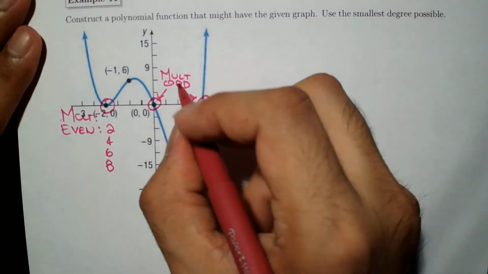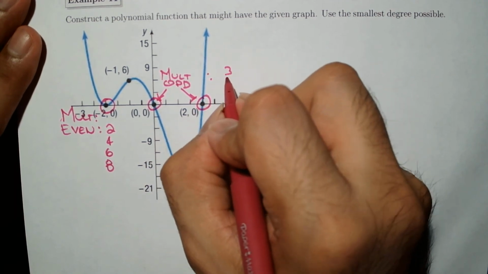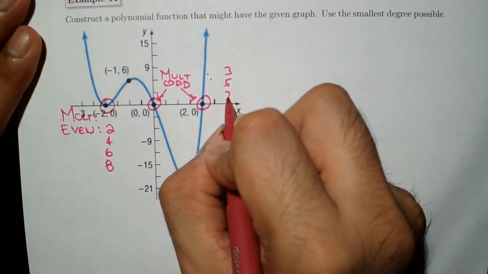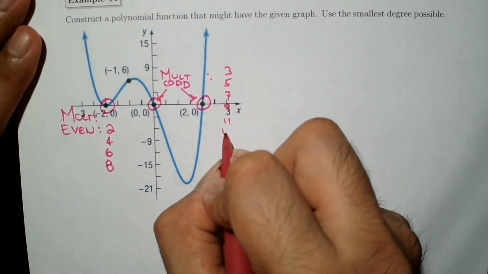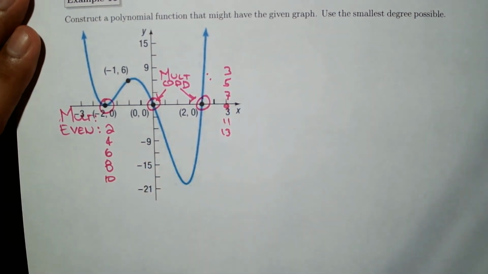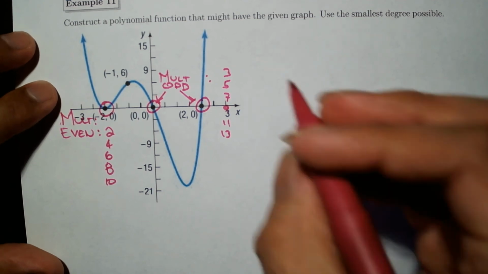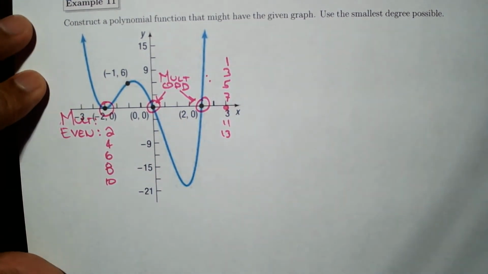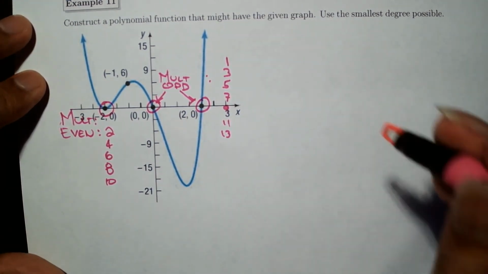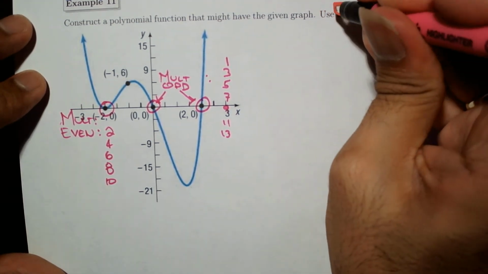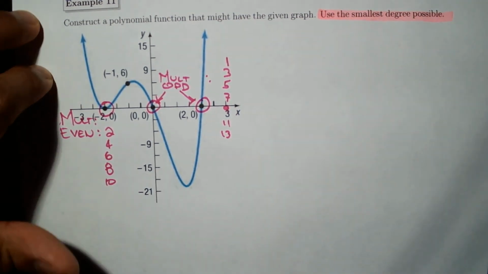In other words, the multiplicity could be 3, could be 5, could be 7, could be 9, 11, 13, etc. However, they are asking us to use the smallest degree possible, so actually multiplicity 1 in this case, because that's also an odd multiplicity.